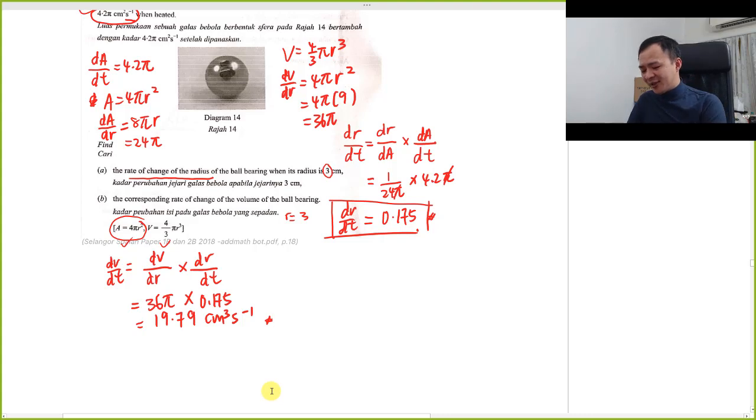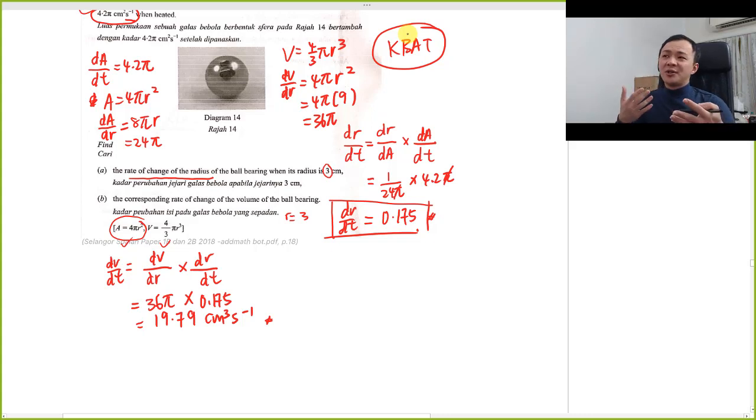Basically, this is the difficult part of rate of change. For this kind of rate of change question, you need to find the first rate of change value and then use the first rate of change value to find the second rate of change value. Sometimes you will have two different equations, two different chain rules. So this one is considered quite hard.